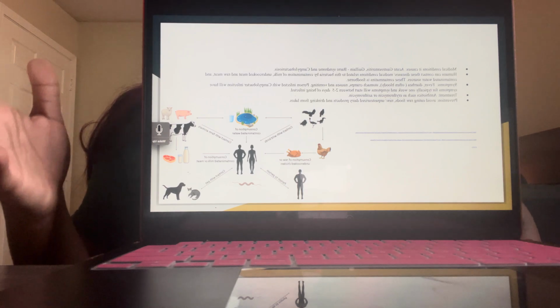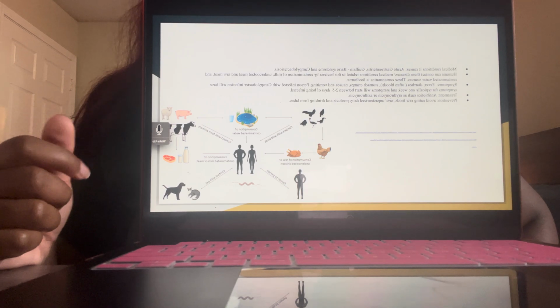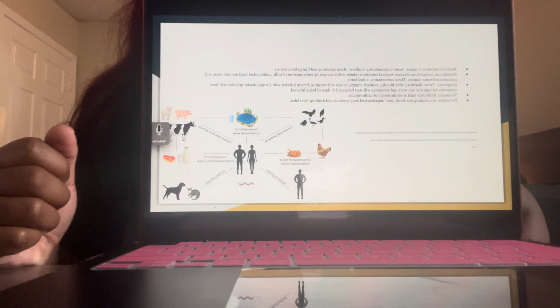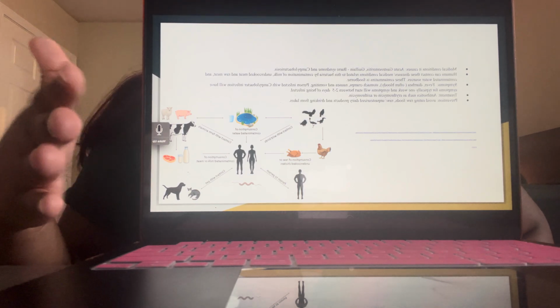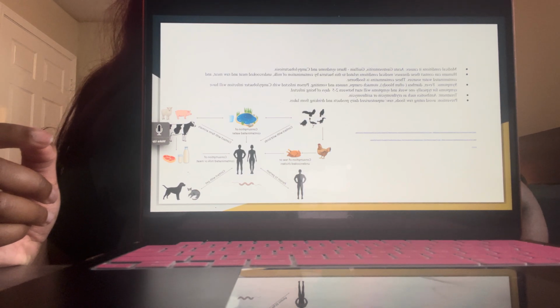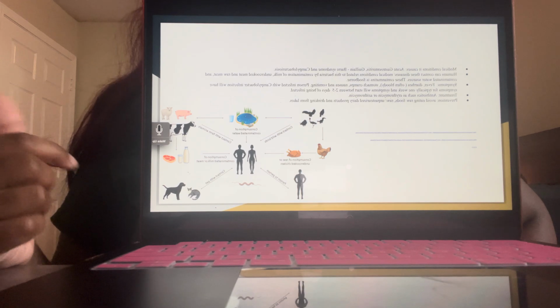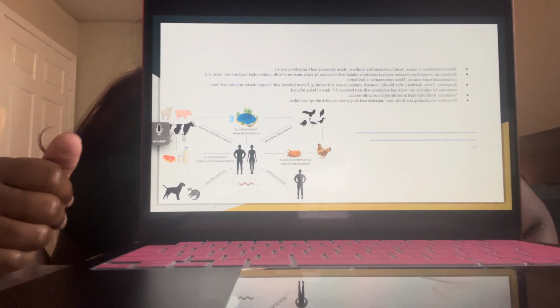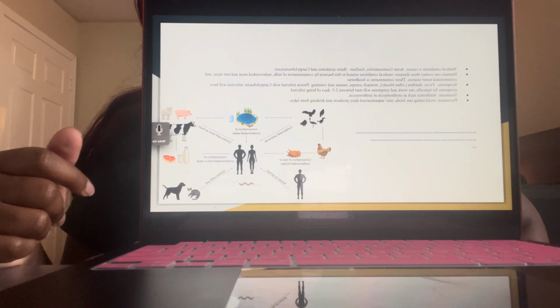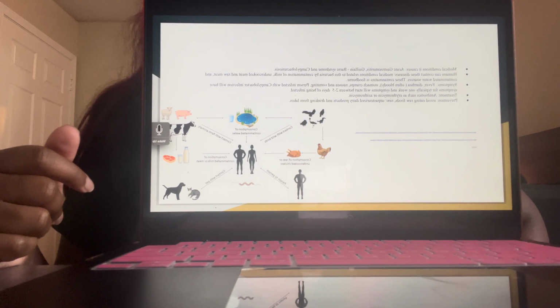A person affected with this condition will have symptoms that typically last about a week, and the symptoms typically start between 2 to 5 days after being infected with this bacteria. The treatment for this is antibiotics.